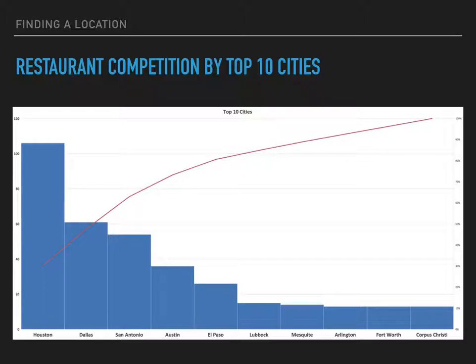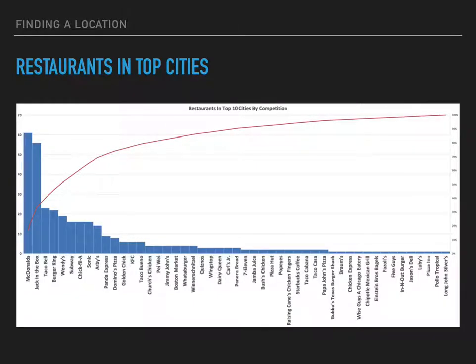So looking at the top 10 cities, we can take the restaurants that these cities have and rank them by competition to identify what people are most interested in these top cities.